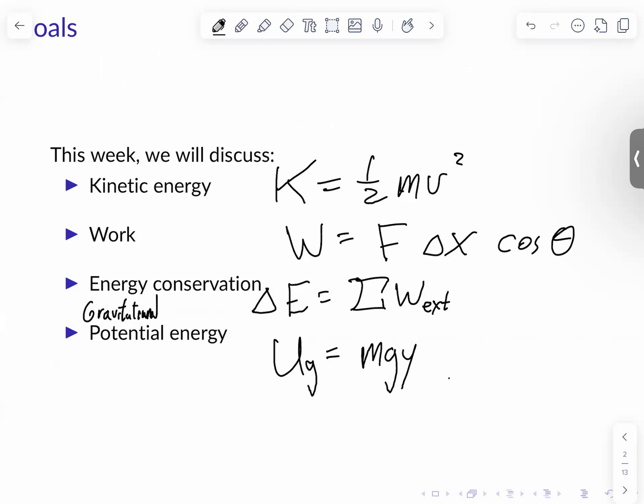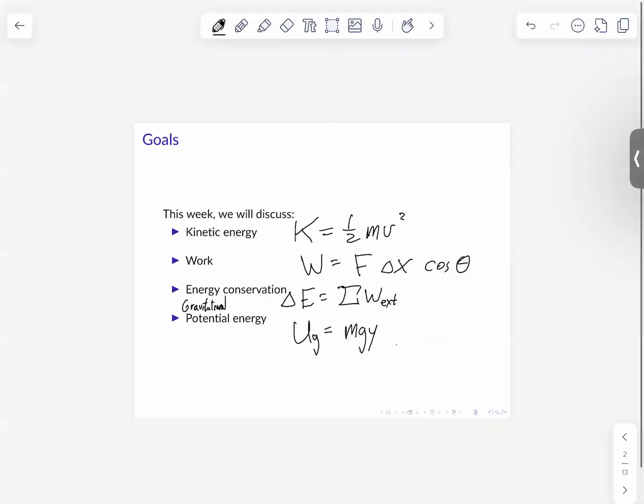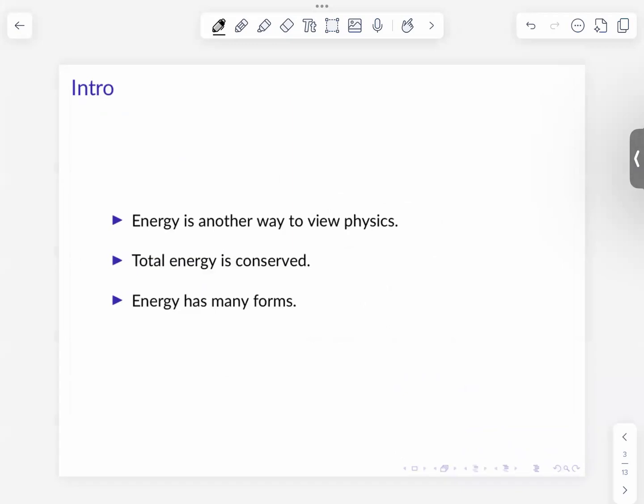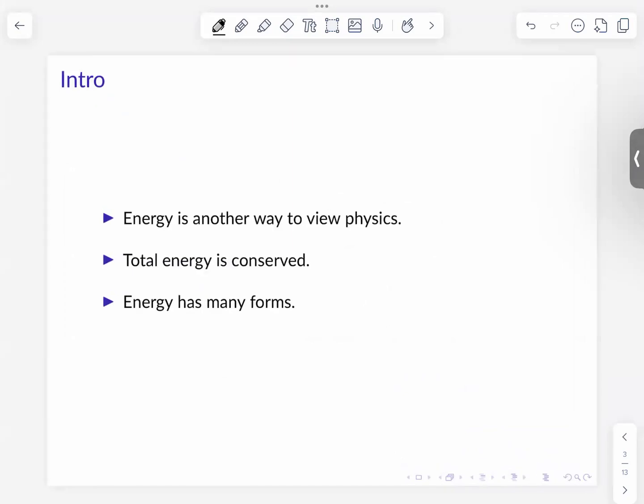Yeah, good, great. Okay, so what's the 1,000-mile view of energy? What is energy? What's the big dealio? First off, energy is an approach to physics. Energy and its sister momentum, which you'll do in lab to be exposed to it, but it's not nearly as important as energy, so I'm keeping it just to a lab.